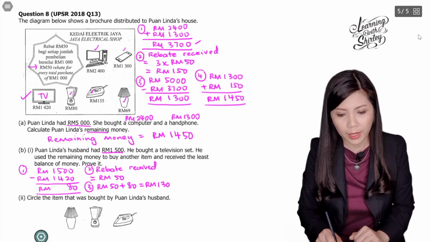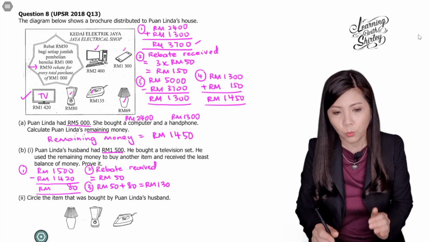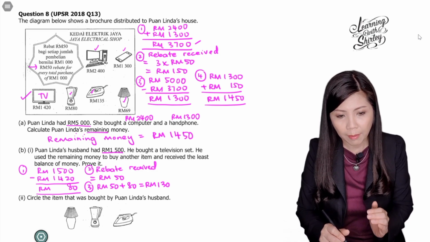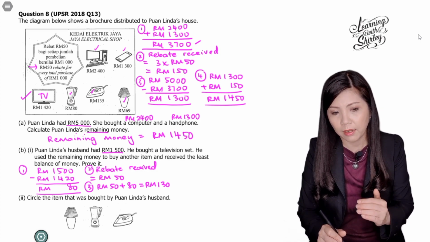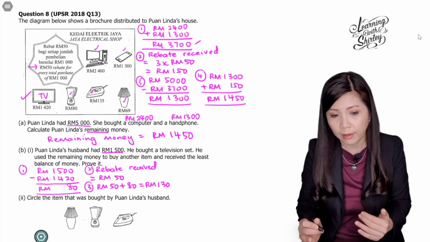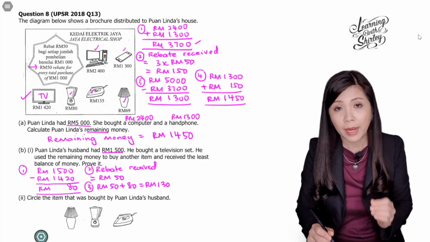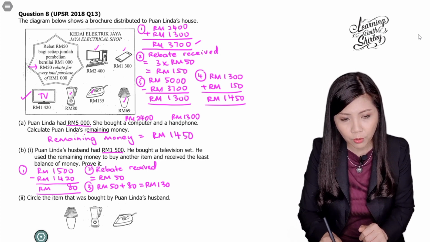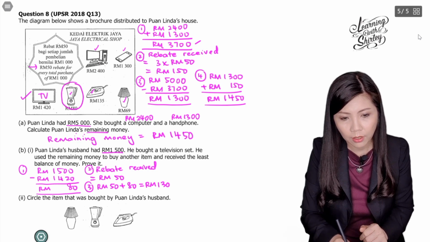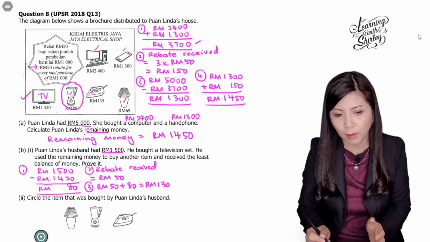This is the balance of money. Let's look at the brochure again. Which item can he buy with 130? The price of the item must be less than 130, not more than that, and must be the closest to 130 to get the least balance of money. So I'm going to choose the blender, because if I choose the lamp, it's 69 ringgit only, I won't get the least balance of money.